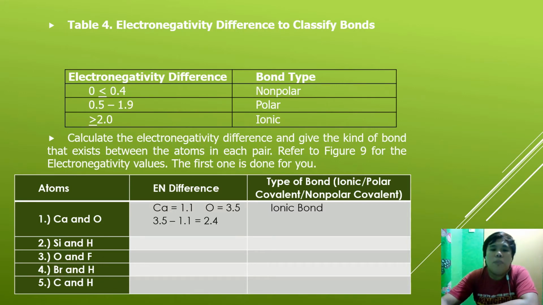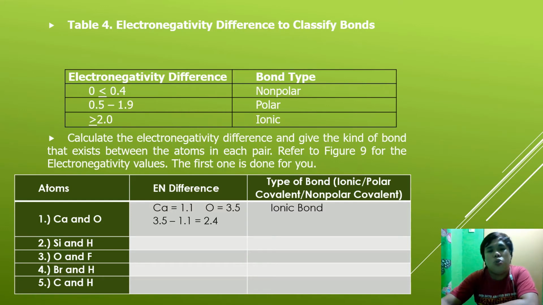You determine the greater number, which serves as the minuend, and the smaller number serves as the subtrahend. After that, you determine the electronegativity difference.